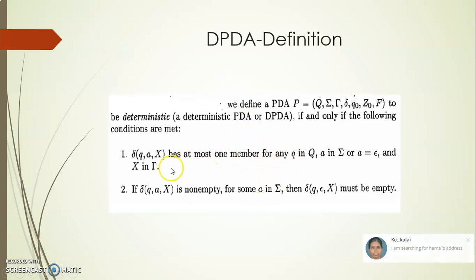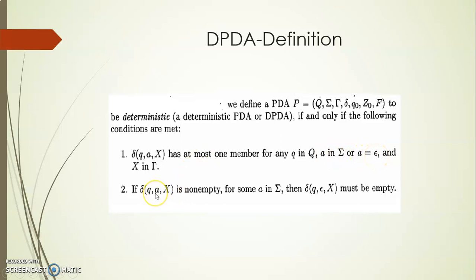If the PDA is in the state Q and scans the input symbol A, and X is the topmost symbol of the stack, then the transition function should have exactly one member, that is, the output of the transition must be only one, where A should be in sigma or A is equal to epsilon.